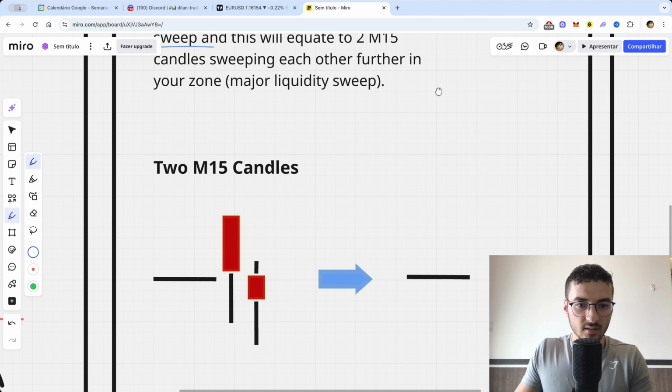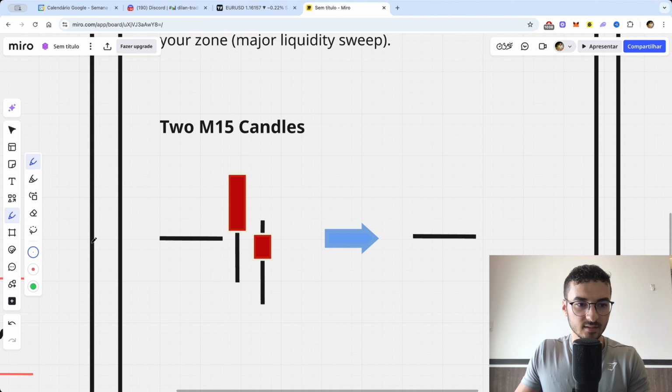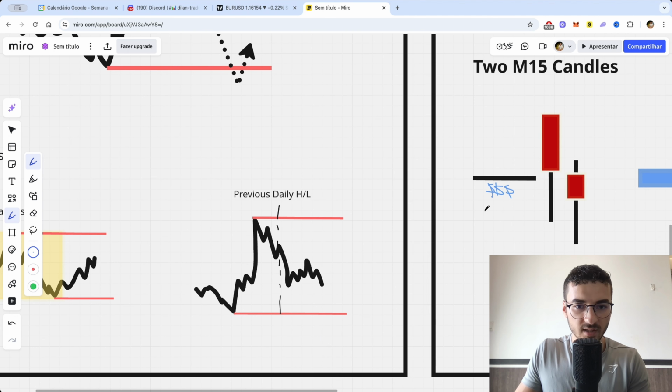Okay, that will essentially be something like this. So you have the liquidity right here, the major one, just like one of these two.